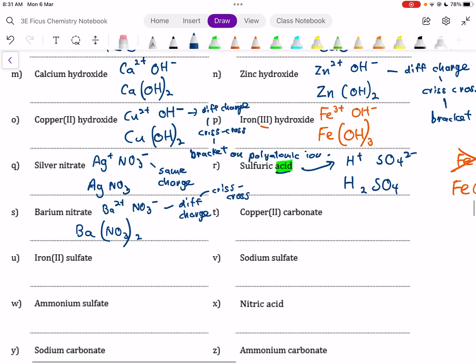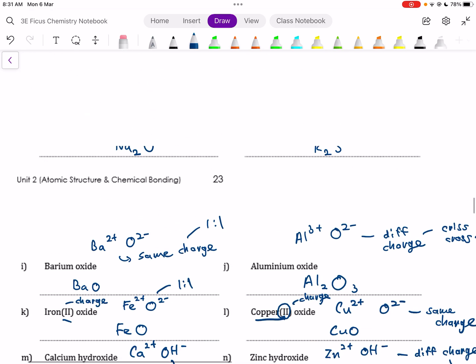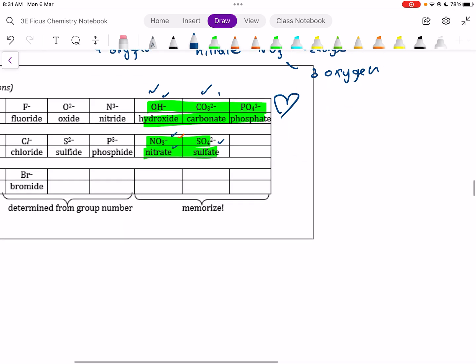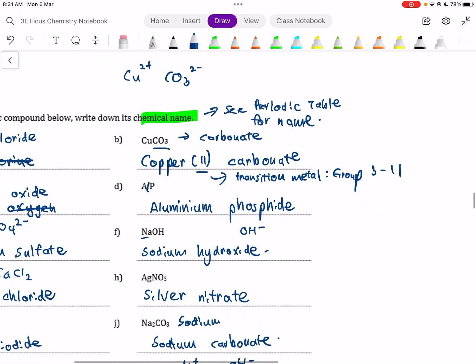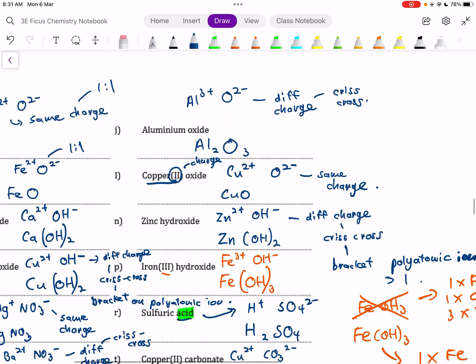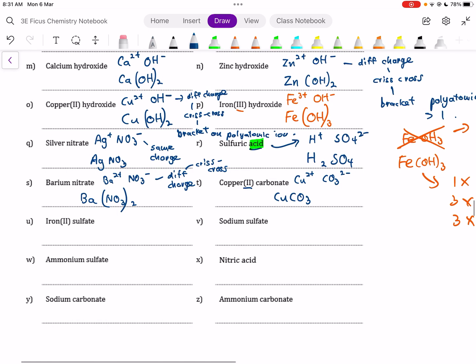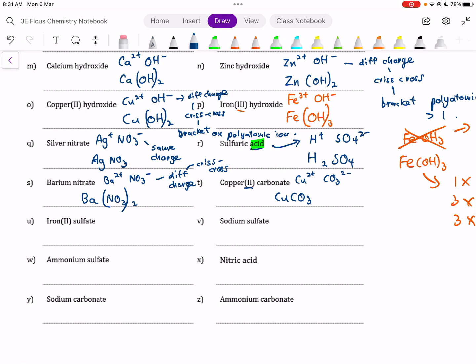Then next I have copper(II) carbonate. So this is Cu2+, CO3 2-. Copper(II) is a transition metal, carbonate is polyatomic. So this one you write down 1:1. Then the next thing I have is iron(II) sulfate.